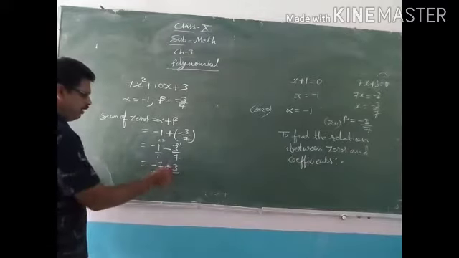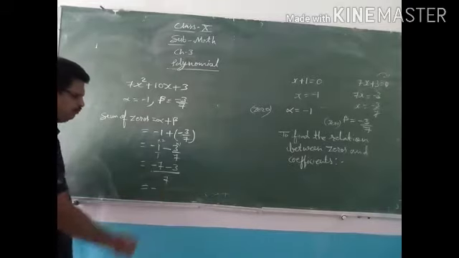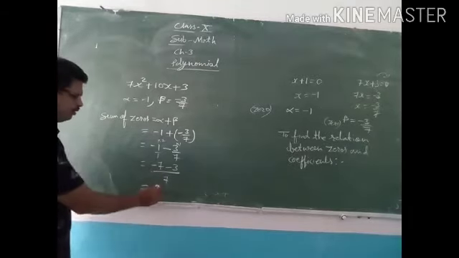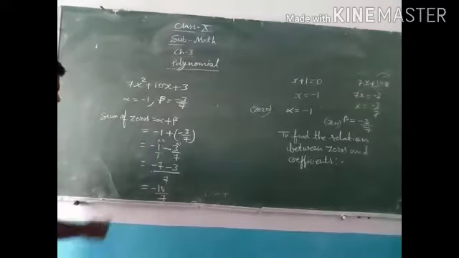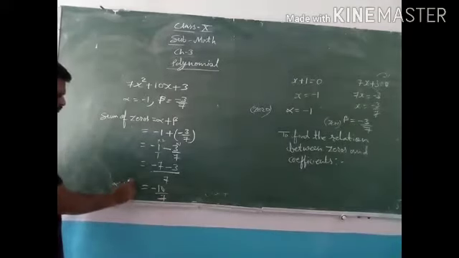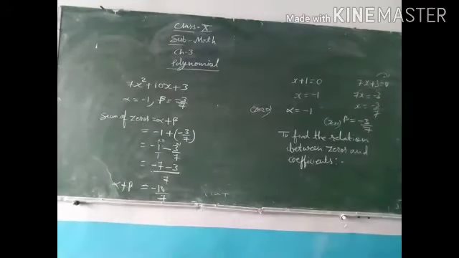So minus 7 and minus 3 are both negative, the minus sign will come, and addition will happen. So 7 and 3 make 10 upon 7. So alpha plus beta has come to minus 10 upon 7.